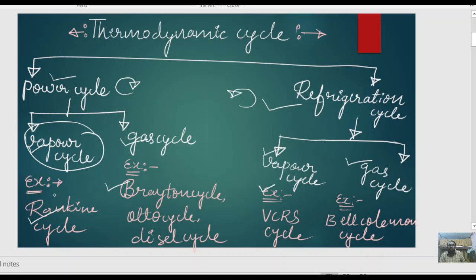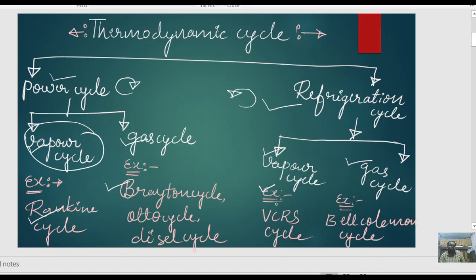Okay, for example, the Rankine cycle is the example for the vapor power cycle. Next, examples of gas power cycles are the Brayton cycle and our air standard cycles like the Otto cycle and diesel cycle. And in the refrigeration vapor cycle, the example is VCRS, that is the vapor compression refrigeration cycle.